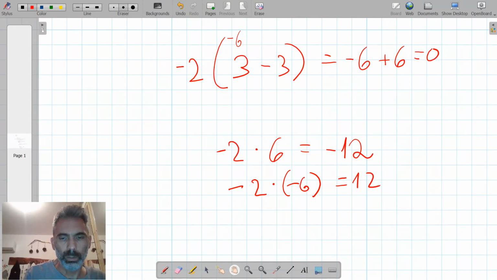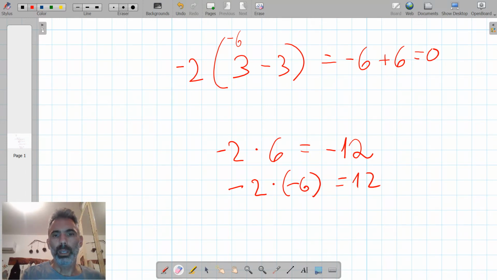And if we totally ignore the signs, we just multiply 2 times 6, which is 12. And then we treat each negative sign as the opposite. So we have two opposites. The first opposite will take us to minus 12. And then we have another opposite. The opposite of negative is positive. So we end up with positive.